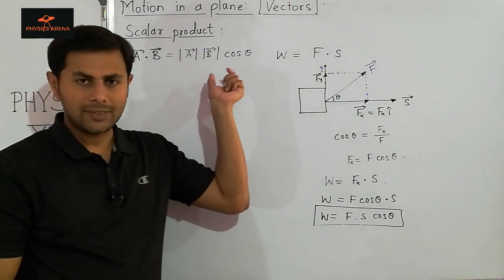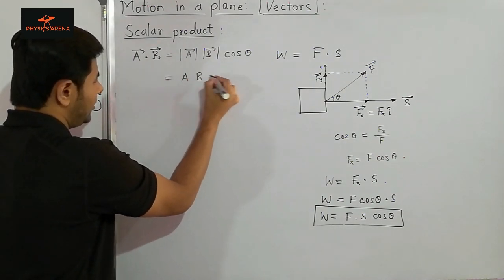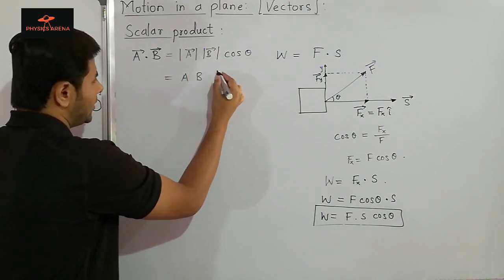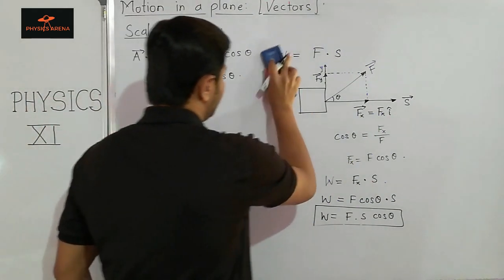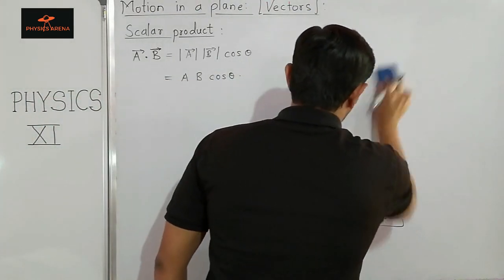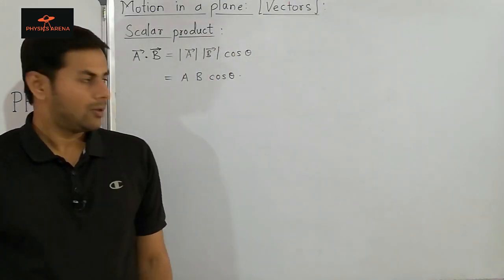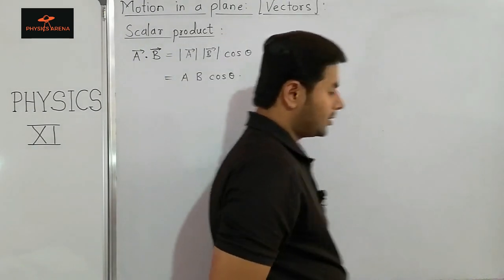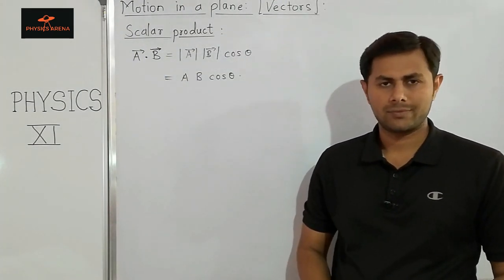And we write these magnitudes simply as a into b into cosine theta. Okay, so this is the scalar product of two vectors.